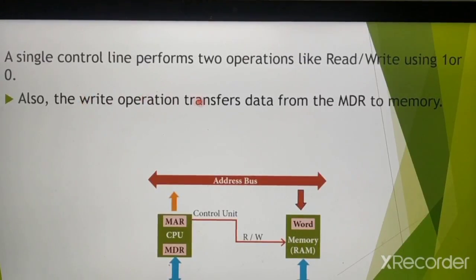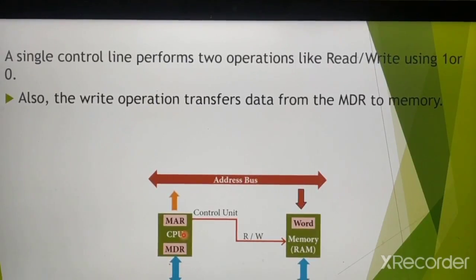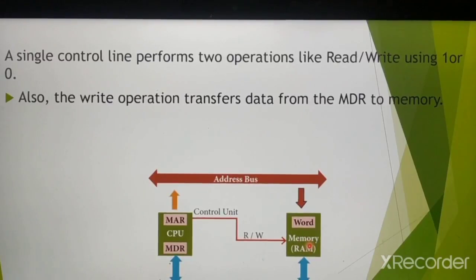Also the write operation transfers the data from memory data register to memory. So if you are going to write the information, we can write the information from processor to memory. You can read the information from memory to processor. So if you are going to read the information, you can pass the address to the memory. Next, after fetching, the information is transferred to the processor using data bus.